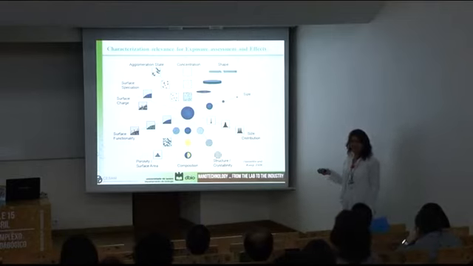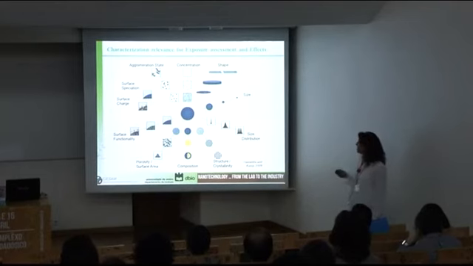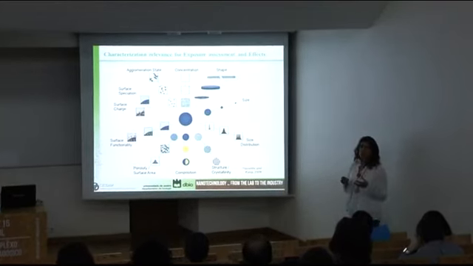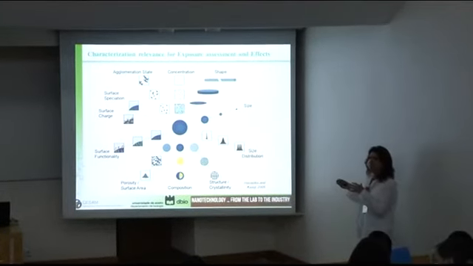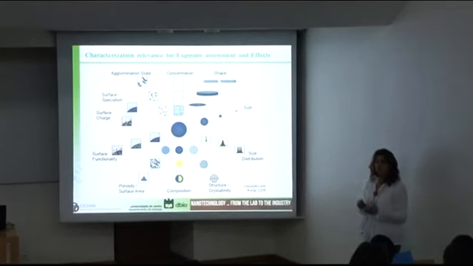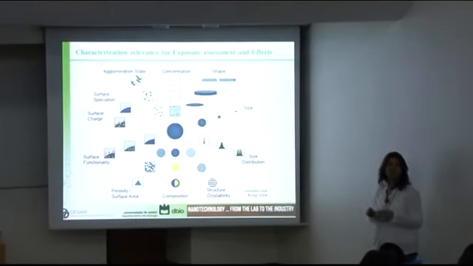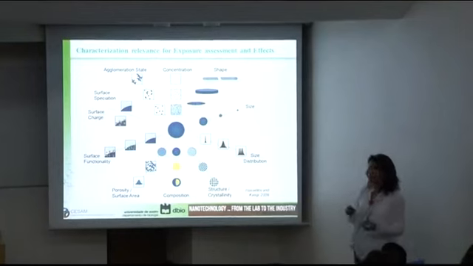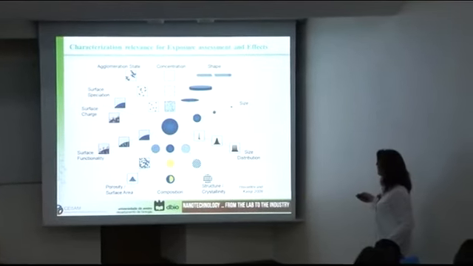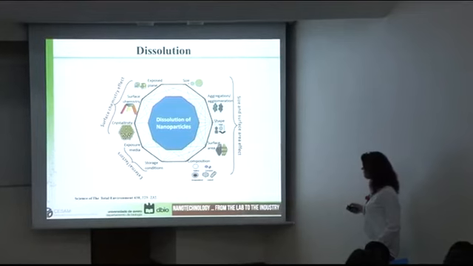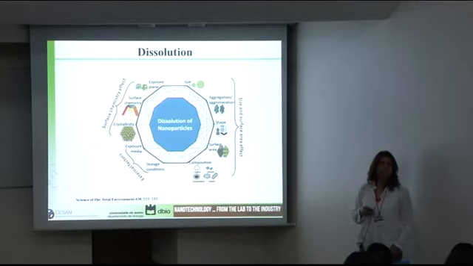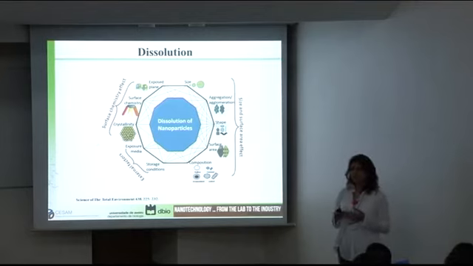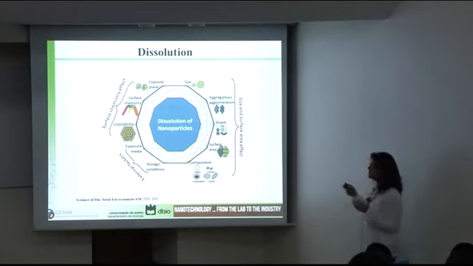In the beginning, it's hard to get into all these specificities to understand how these characteristics will influence toxicity, because they will influence their behavior within the environmental matrices they are included in. So one of the main issues in deciding if a nanoparticle is toxic or not, and here again we are dealing with another issue, is dissolution.